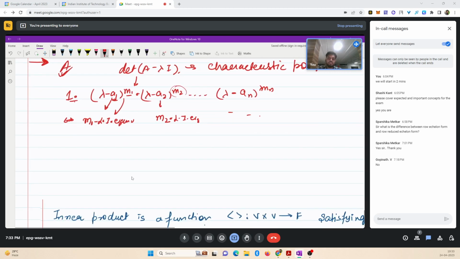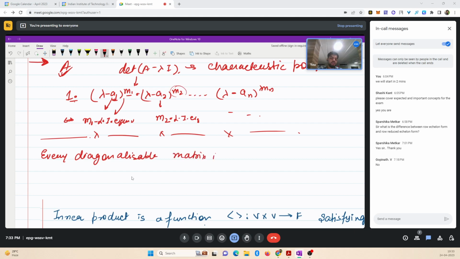And the property of a diagonalizable matrix that I am coming to is, every diagonalizable matrix is similar to a diagonal matrix.